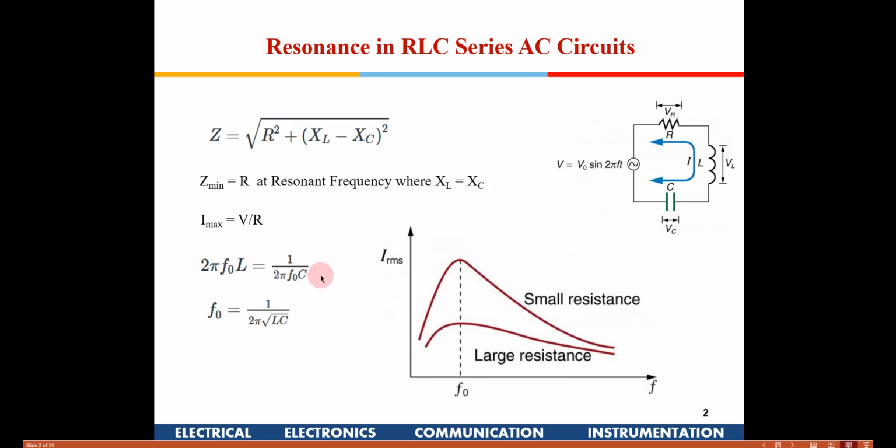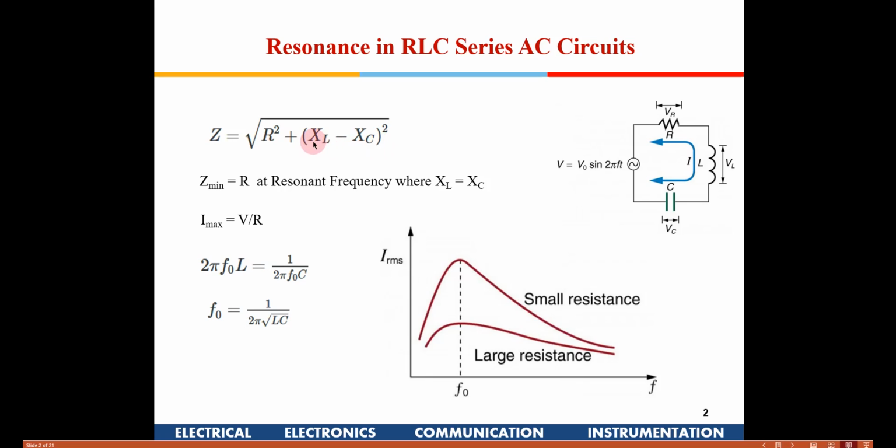Let me quickly tell again what we have been discussing. You have a sinusoidal signal, a resistance, an inductor and a capacitor. The net impedance is Z equal to root of R square plus (XL minus XC) square, which we learnt in the previous class.